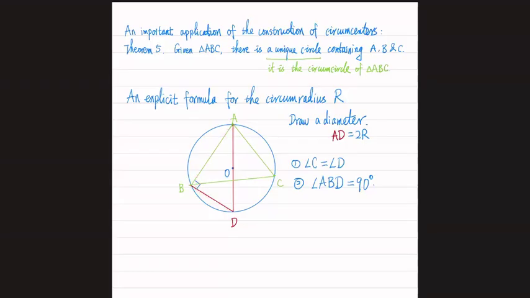AD. Now, what's the center angle for AD? What's angle AOD? 180. By the inscribed angle theorem, this will be half of this angle, right? That's why it's 90. Aaron, do you get this?